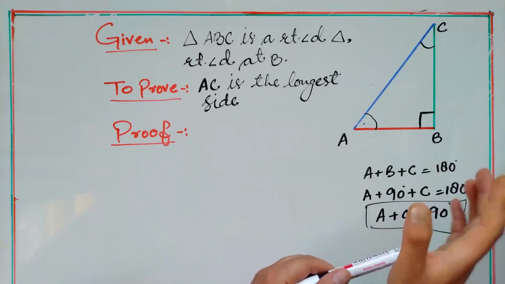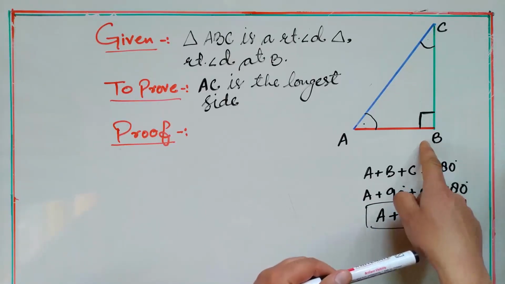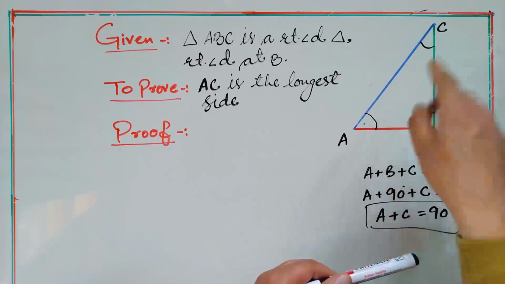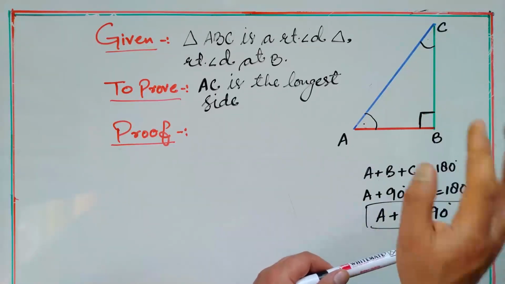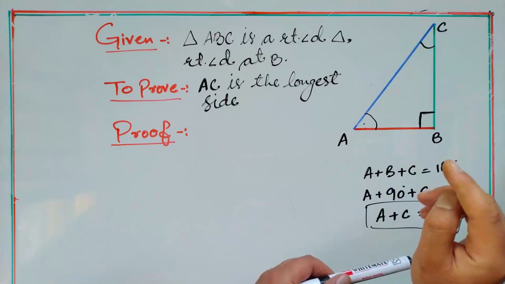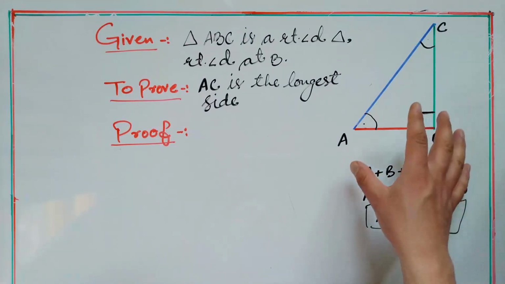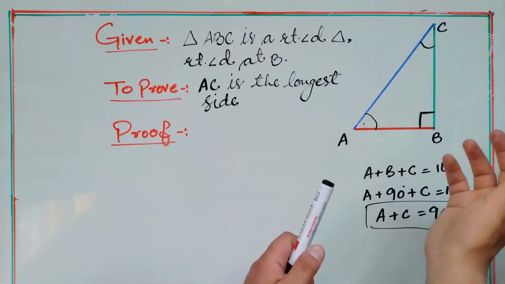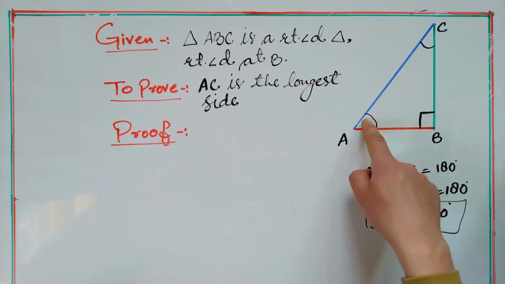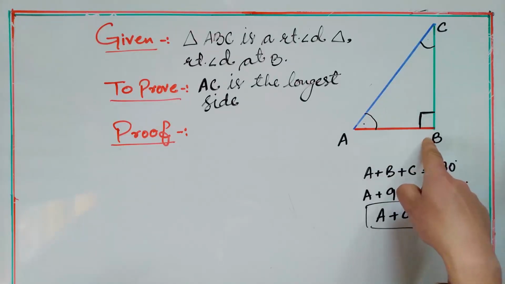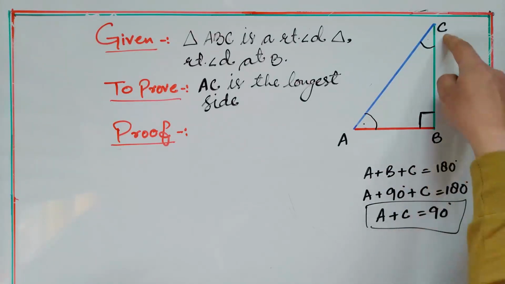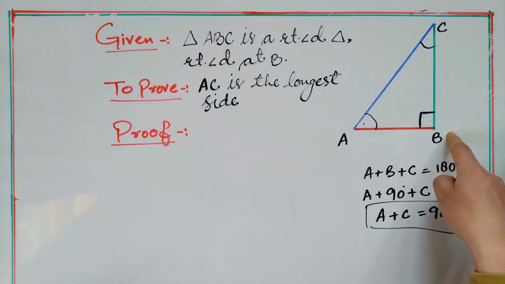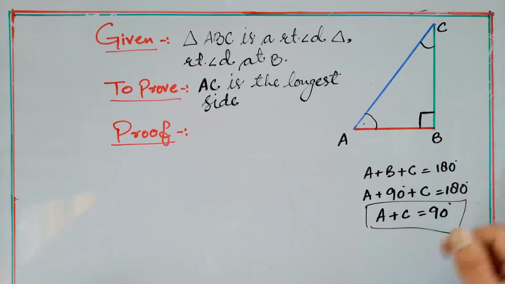Whenever you have a right angled triangle, one angle is 90 and the remaining two are automatically less than 90, or acute angles. So in each and every right triangle, angle A will be lesser than B, and angle C will also be lesser than B. Let's use this result now.